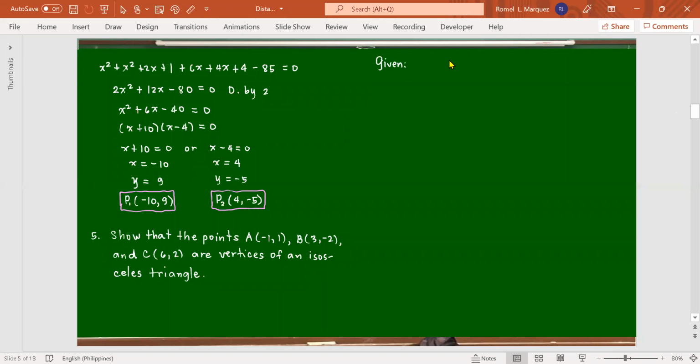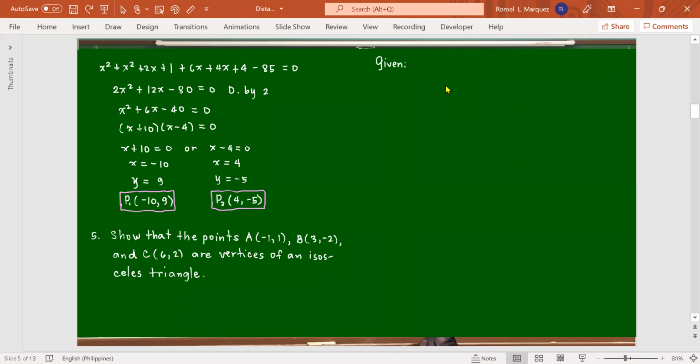So we're given this, no? This time, let's illustrate it in a Cartesian plane so that we can estimate the possible equal sides, no? Because to be isosceles, at least there are 2 equal sides. Am I right, guys? Yes, sir.